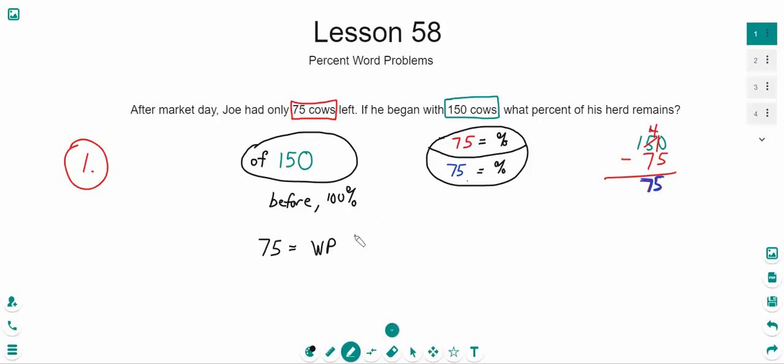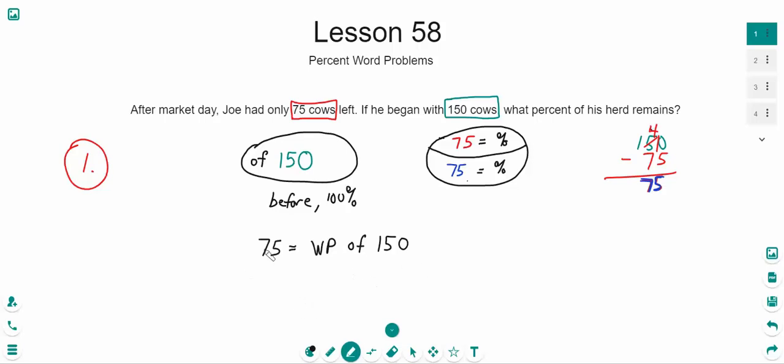What percent of 150? And as I've told you before, in mathematics, almost always, the "of" will represent multiplication. Almost every single time, the "of" will represent multiplication. When you're reading a story problem, you see the word "of," you can almost always just replace it with a multiplication sign.